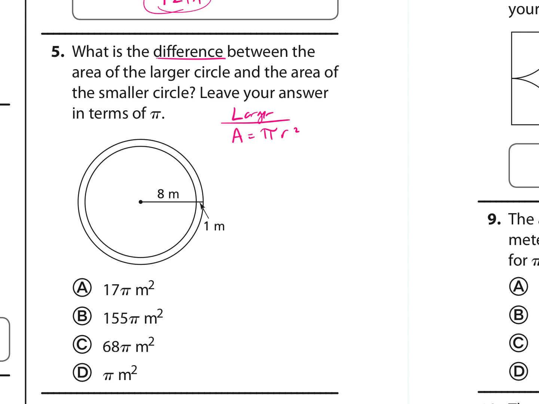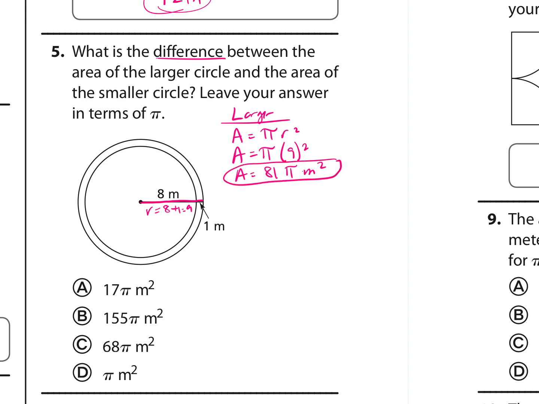And for this larger circle, we have a radius, which is 8 plus 1, which is 9. So the area is equal to pi times 9 squared, which is 81 pi, and that is meters squared.